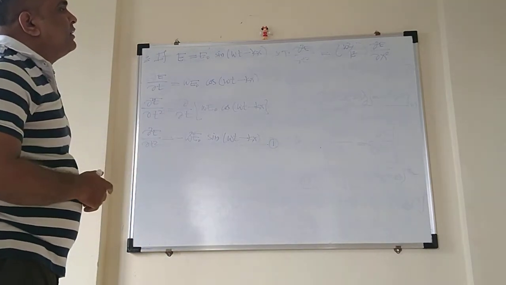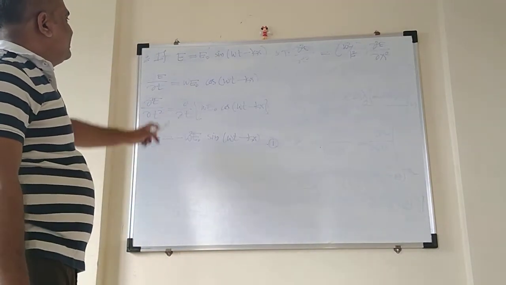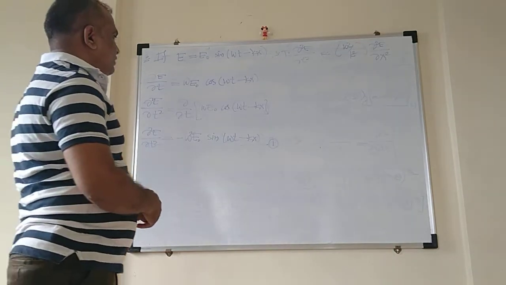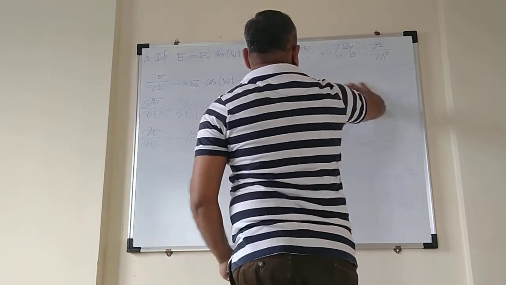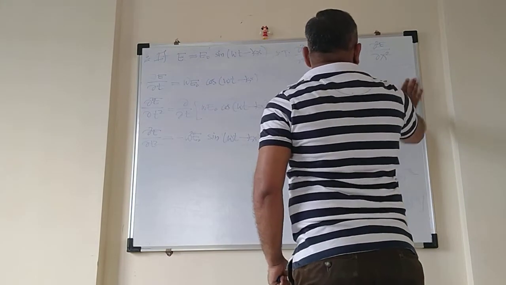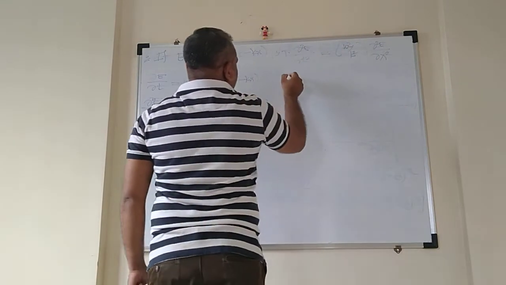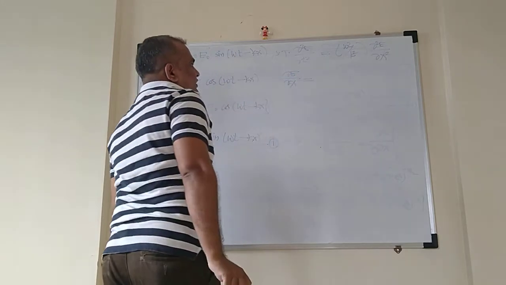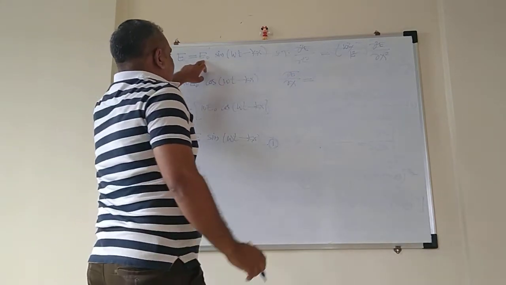On the same line, you can differentiate the given function with respect to x two times. So let me differentiate this function with respect to x. ∂E/∂x, if you differentiate the first time, you will get this.